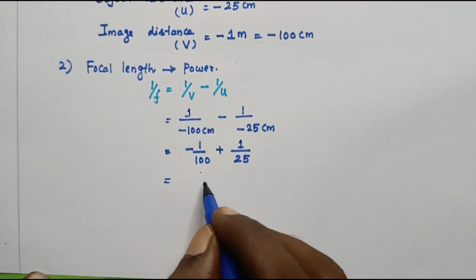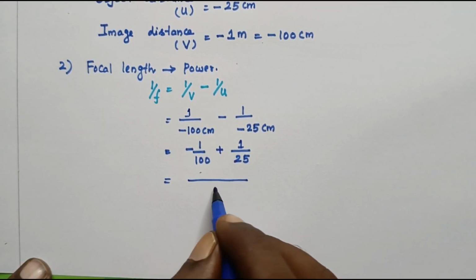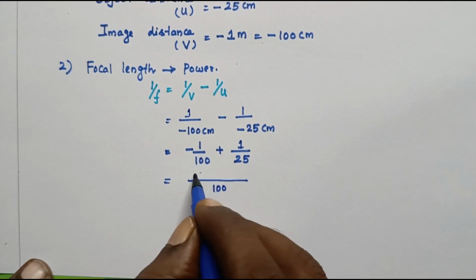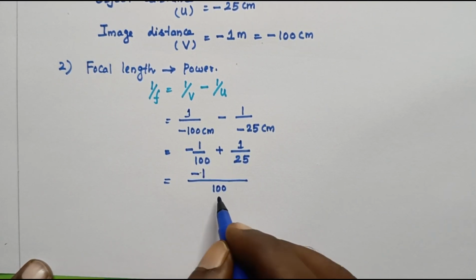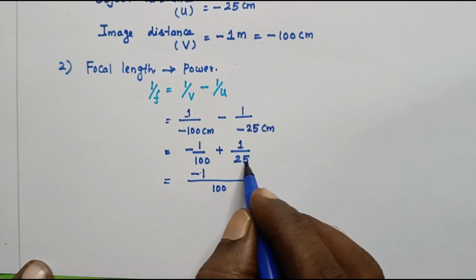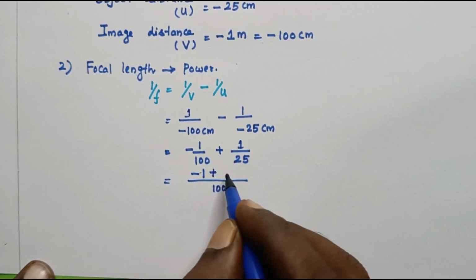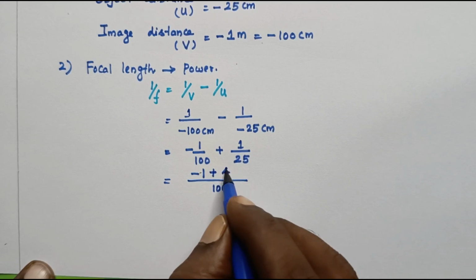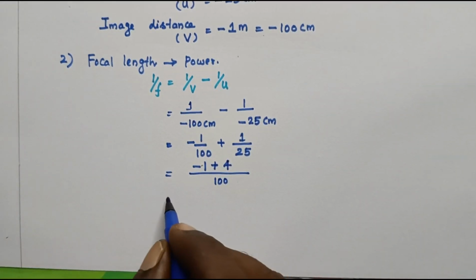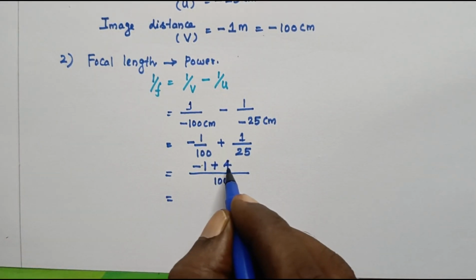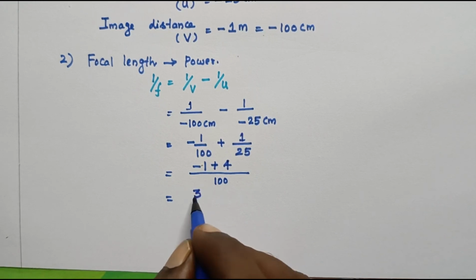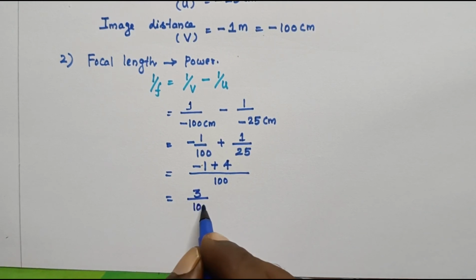If we take 100 as LCM, we will get minus 1 here. In 100 there are 4 25s. Therefore 4 into 1 is 4. Here we are having plus, so plus 4. This is equal to minus 1 plus 4, which is 3, divided by 100.